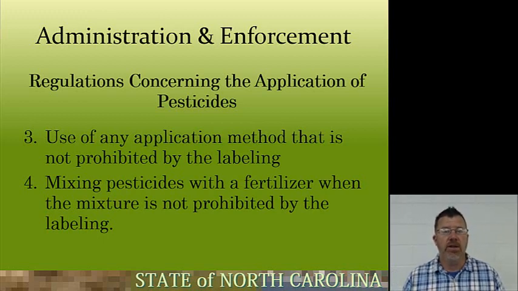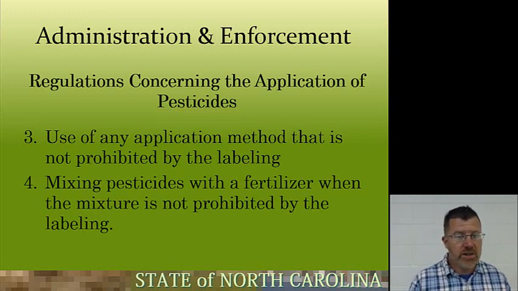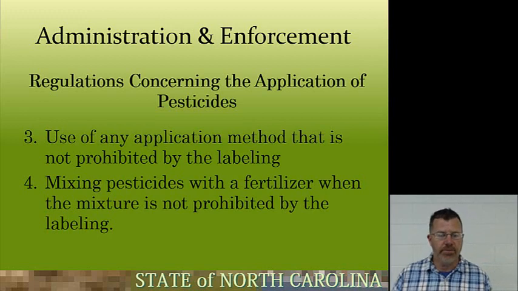If it says not to apply this pesticide by aerial methods, you don't. But if the label says that you can't apply it by backpack sprayer or big tank sprayer, but it does not state that you can't apply it by aerial methods, you can apply it by aerial methods.